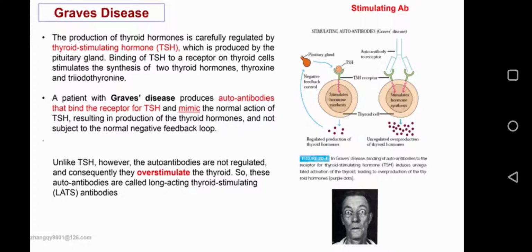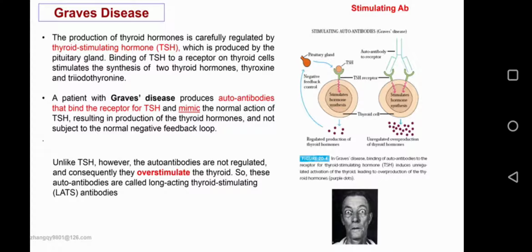So we go to Graves' disease. You should know this is the loop in healthy individuals. Here is TSH, which means thyroid stimulating hormone. This hormone is released by the pituitary gland, and TSH will bind to the receptor.